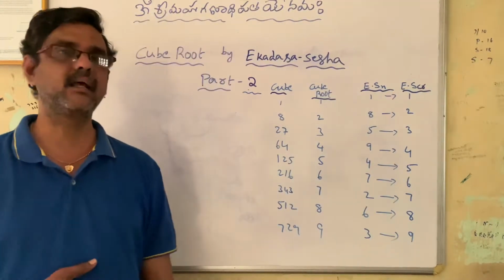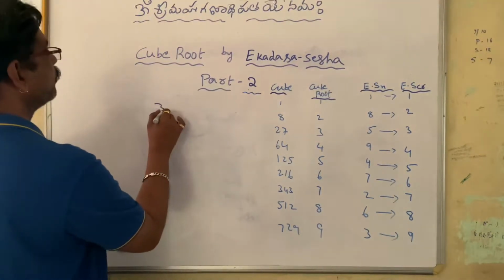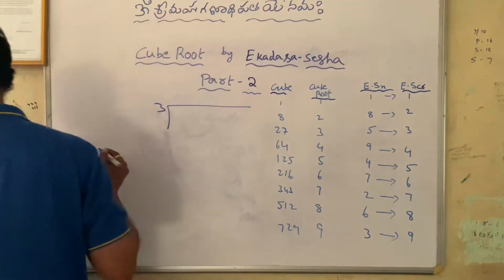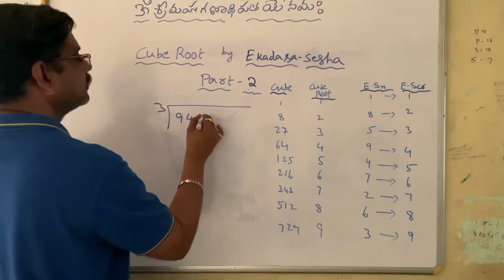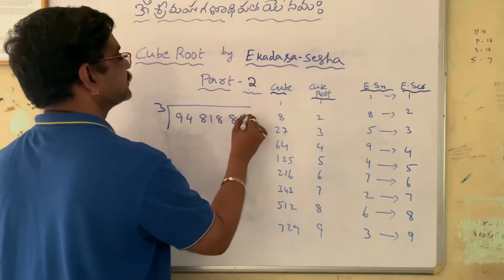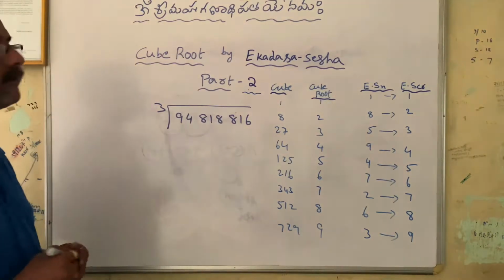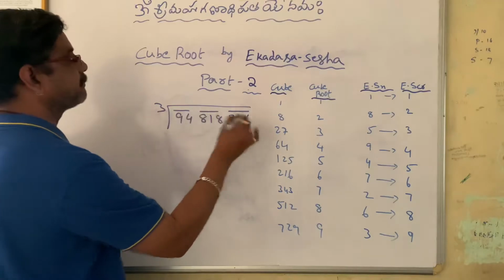Let us consider an example. Cube root of 94818... So we have to make pairs like this. We got 3 pairs.